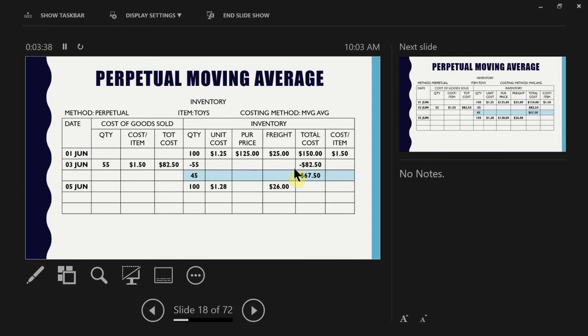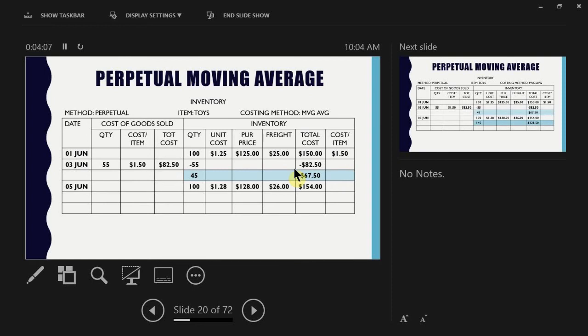We calculate it as if nothing is different, because we need to get a total cost in order to solve for our average cost per item. So we do just as normal. The purchase price is $128 plus $26 freight, giving us a grand total of $154.